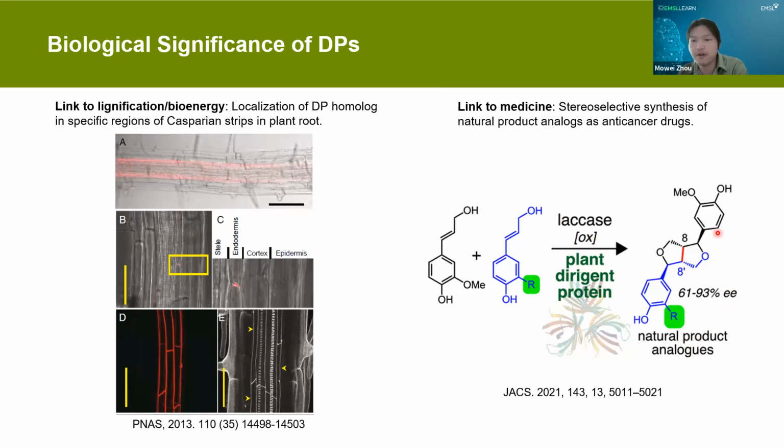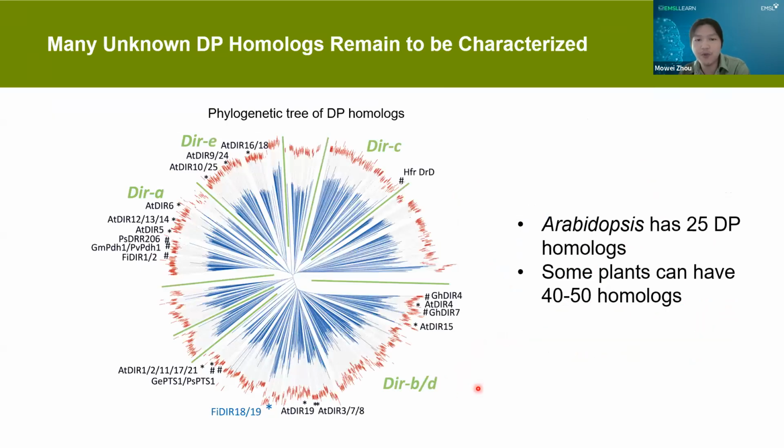Those syntheses are very difficult to do with traditional chemistry. But if you can imagine using those enzymes, it will be a more efficient way to produce those difficult-to-synthesize analogs of natural products for biomedical applications. So that's kind of the motivation.